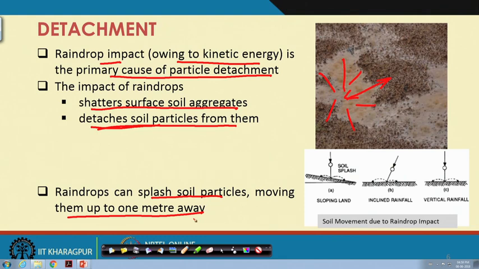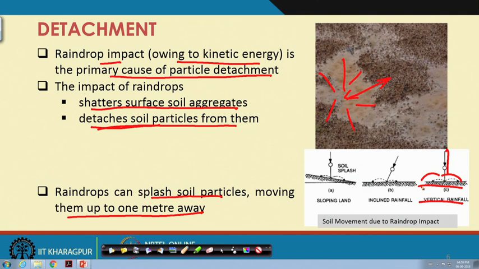That depends on the kinetic energy and, as we already saw, the slope and wind could also have an impact on it. So, the ideal case is vertical rainfall falling on a horizontal surface, then obviously as you can see, the splash is uniform all around.